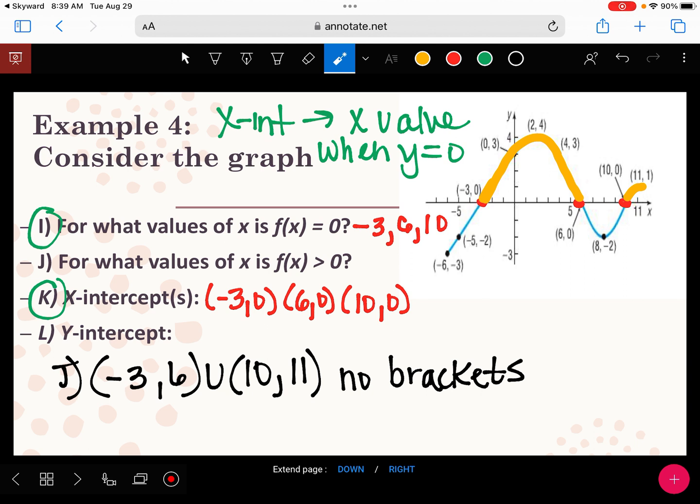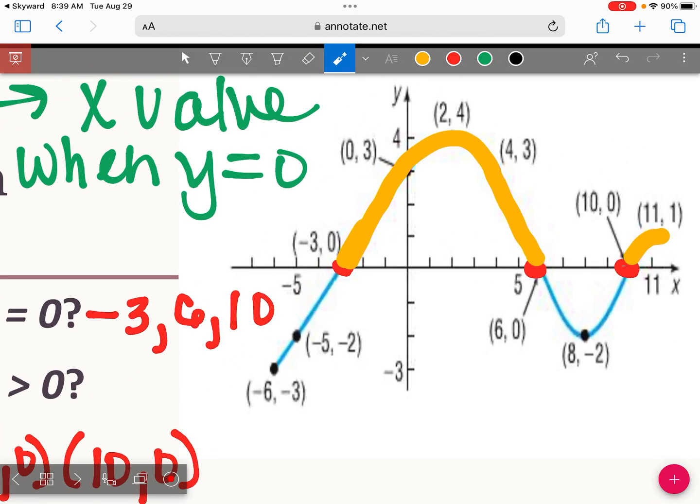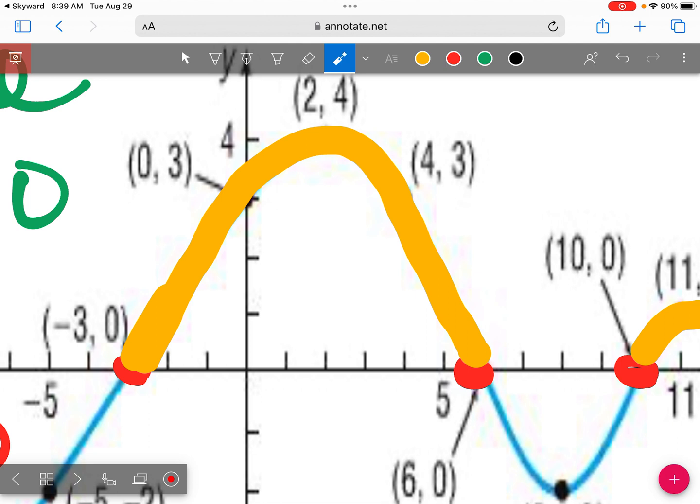Why are there no brackets? We only use brackets when we are talking about domain or range. Another reason we don't use brackets, let's look at the graph again, is that when x equals -3, y is 0.